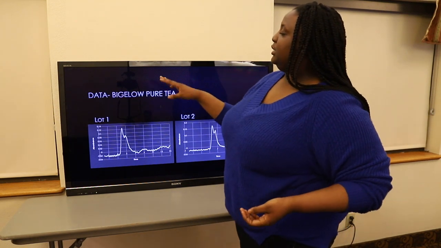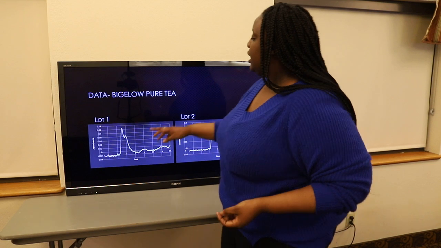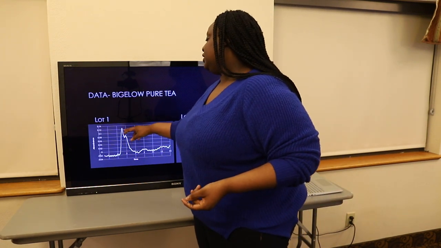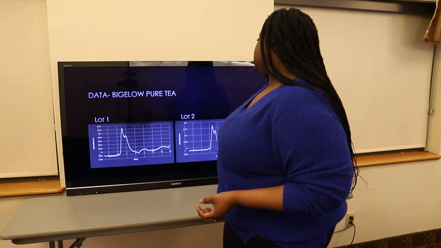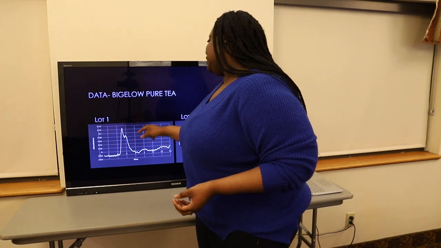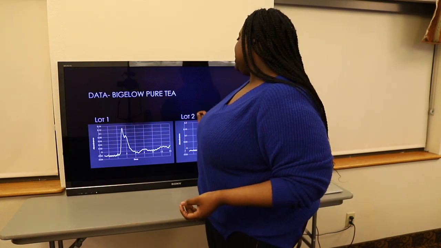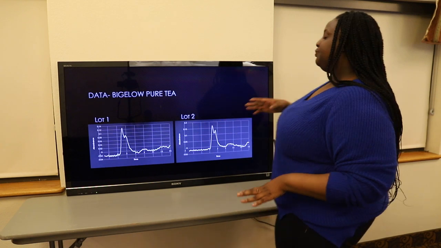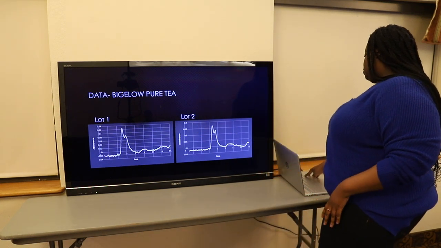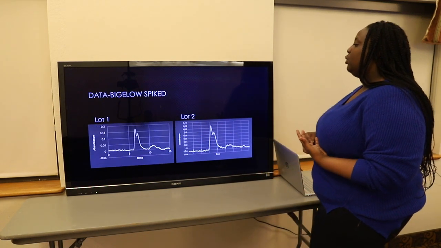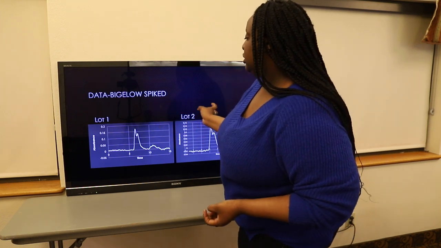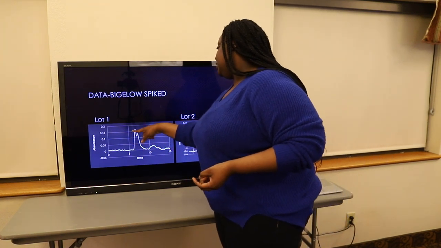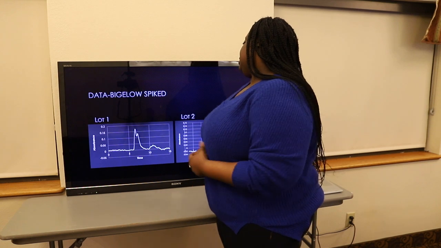This is the second brand, the Bigelow pure tea. The elution time is also similar in both lots, and the peaks are similar, and the absorbance levels of the peaks are also similar. When compared to the spiked tea, we find similarities in both of them. Also, there's an increase in the peak levels in both of them.